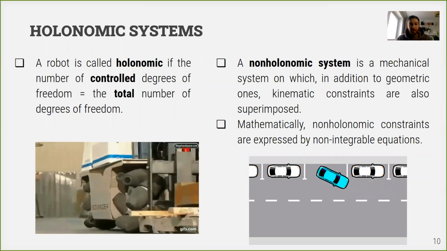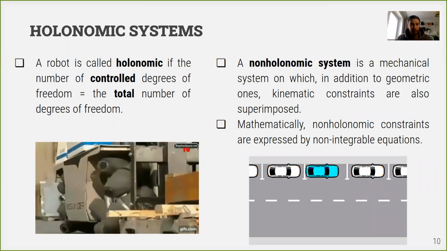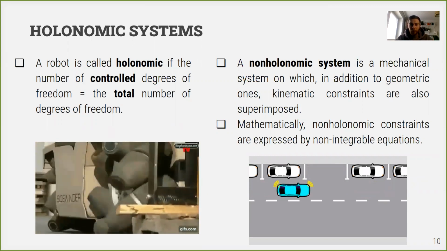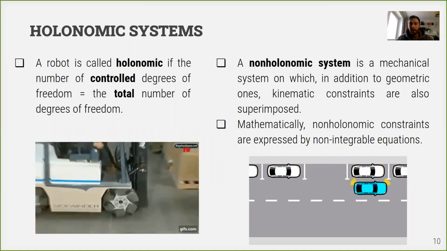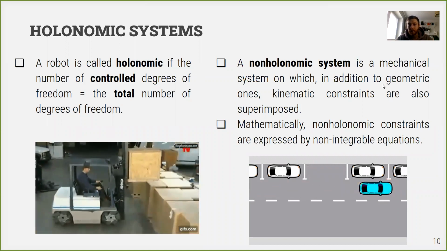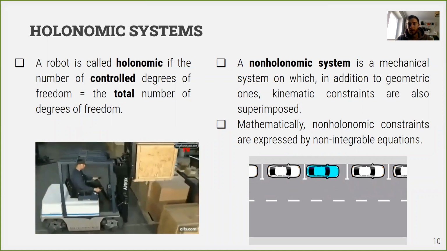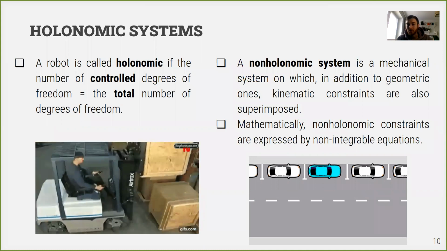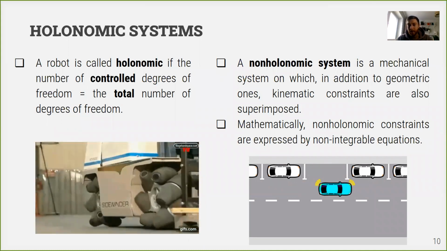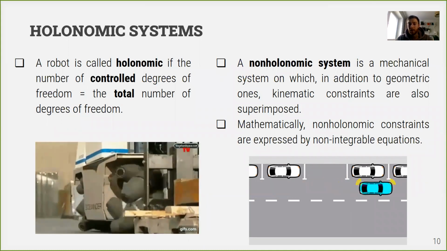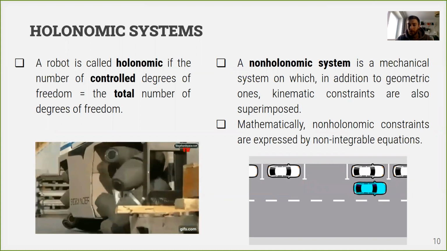So basically, in case of wheeled robotics, we can move in any direction. And a non-holonomic system is a mechanical system on which, in addition to geometric or holonomic constraints, there are also kinematic constraints. And mathematically, non-holonomic constraints are expressed by non-integrable equations.